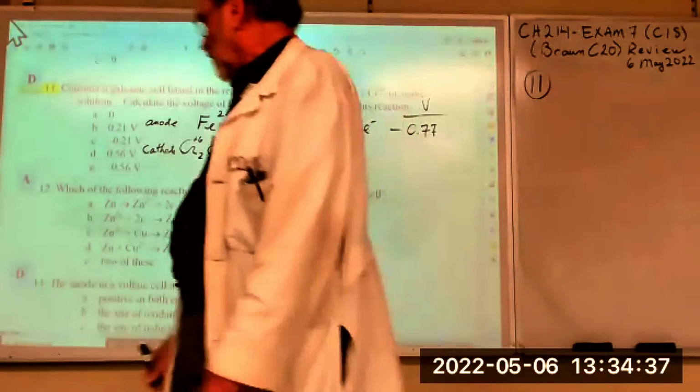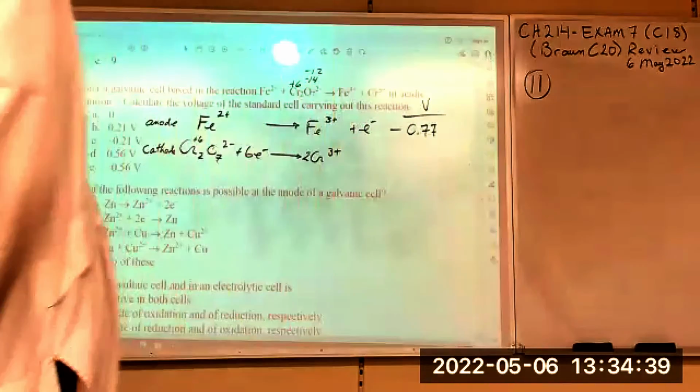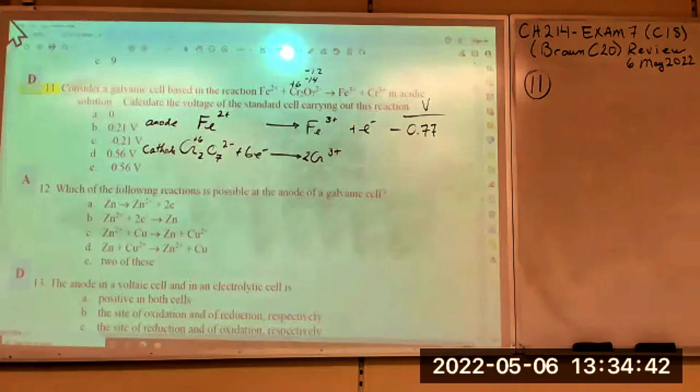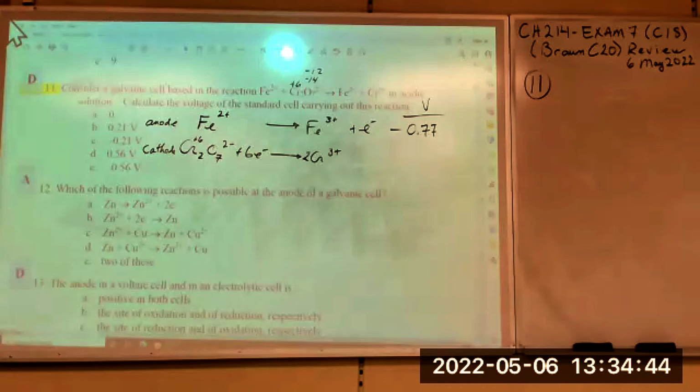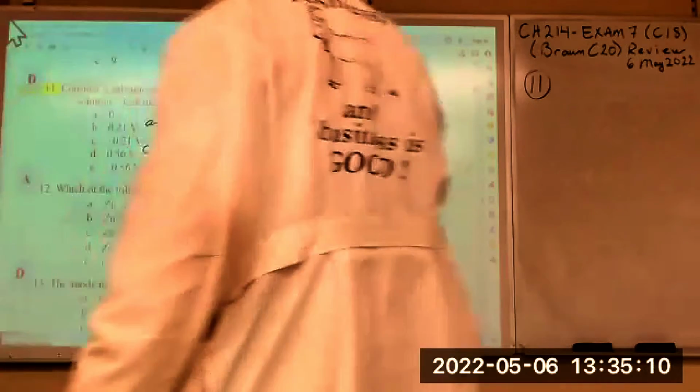This one we can read dichromate to chromium 3+. Dichromate. Come on, is it in here? Here it is. Dichromate to chromium 3+, and it's got some hydrogens and water in there. 1.33.